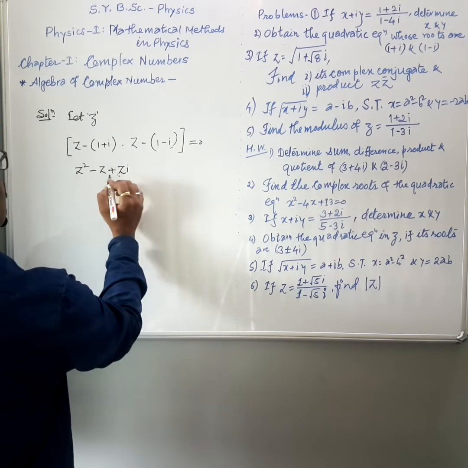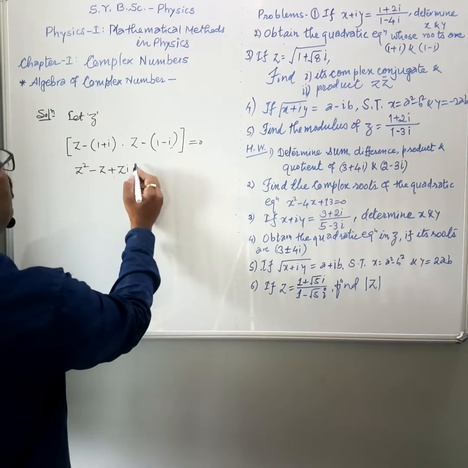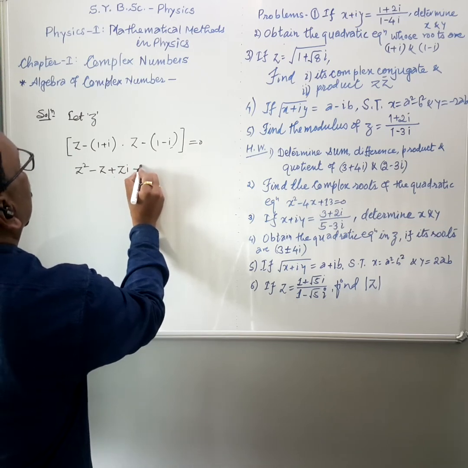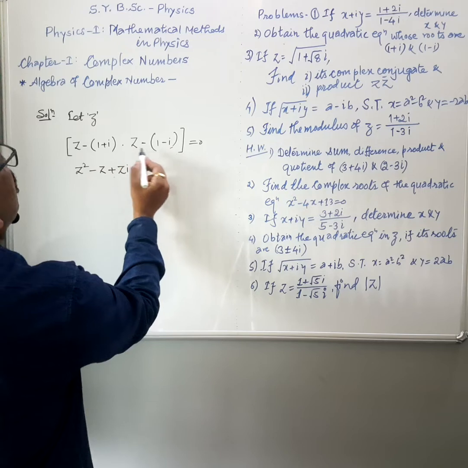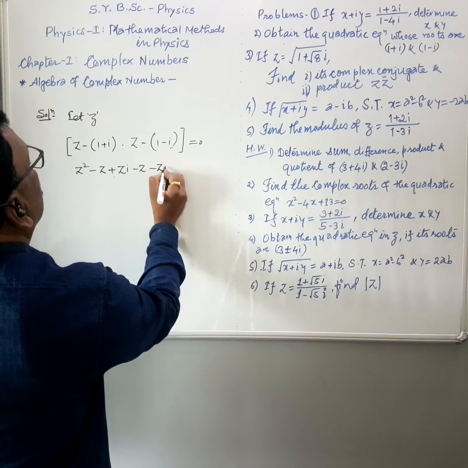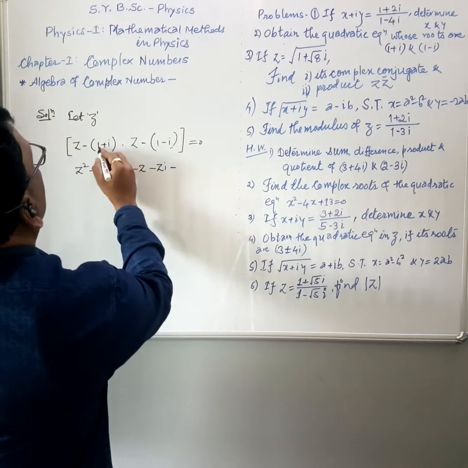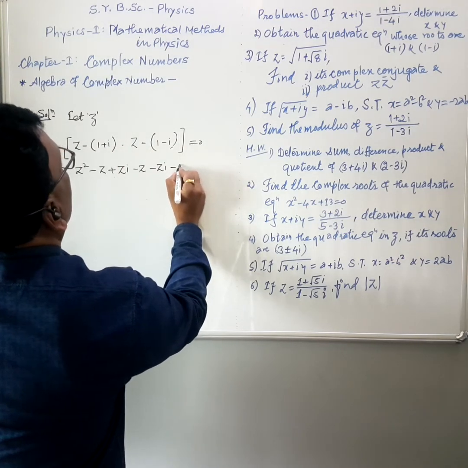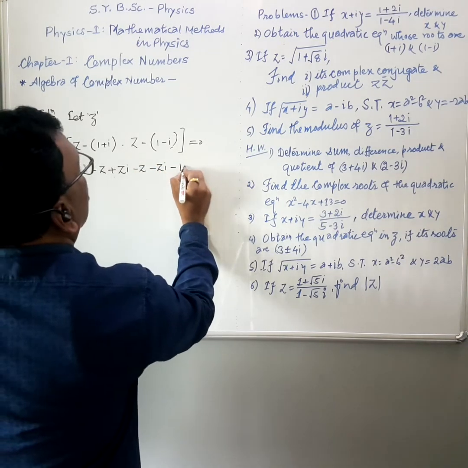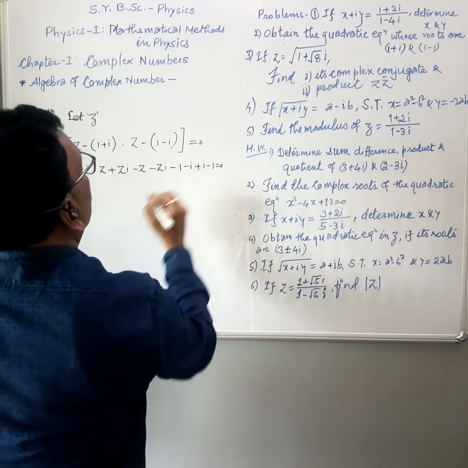Then multiplying by these two terms, we get minus z, then minus zi. Then this term into this term, 1, then minus i plus i minus 1, is equal to 0.